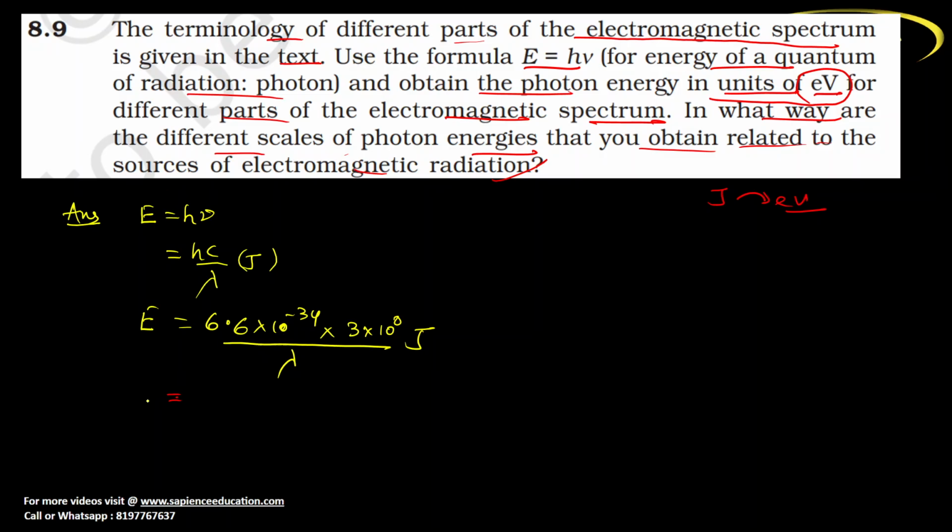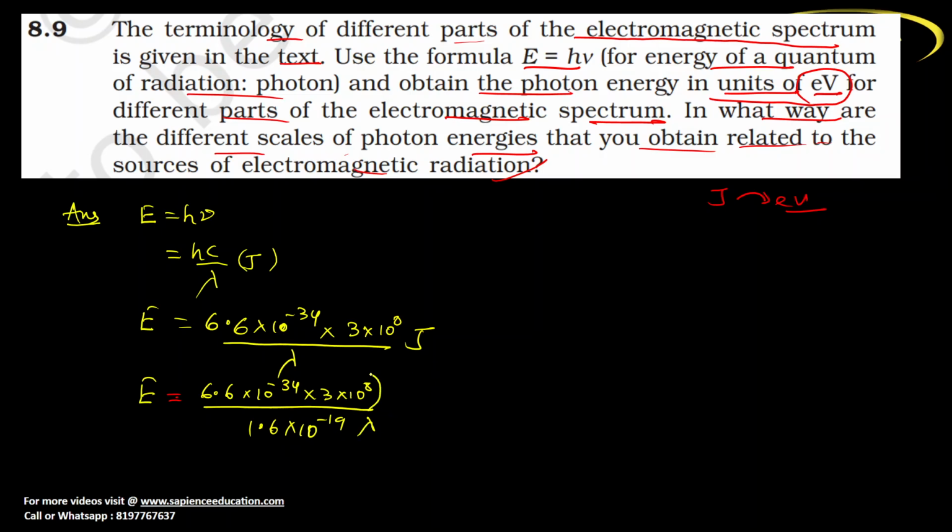So let's divide it. When you divide it, energy E equals 6.6 into 10 to the power minus 34 into 3 into 10 to the power 8, divided by 1.6 into 10 to the power minus 19 and lambda, right?